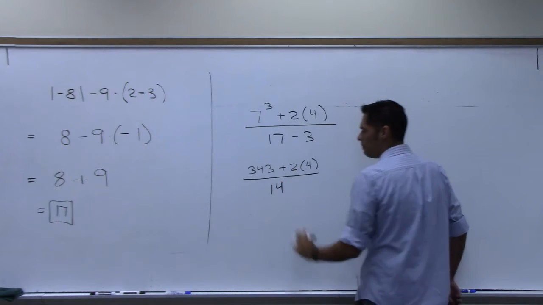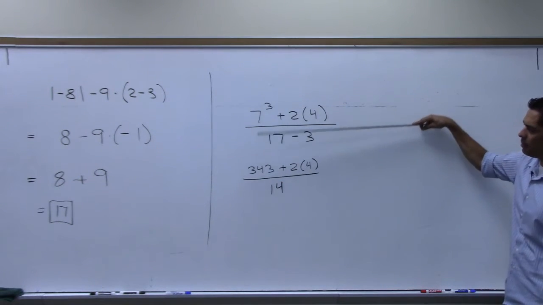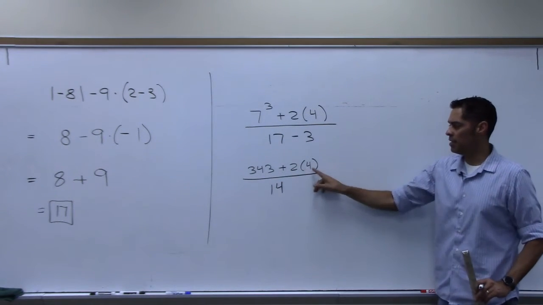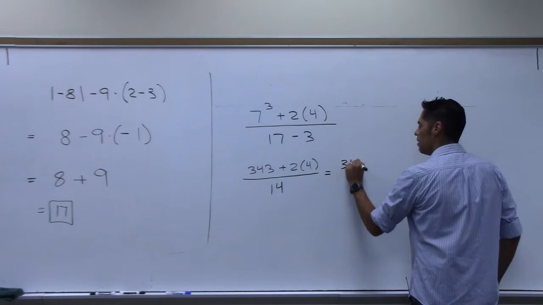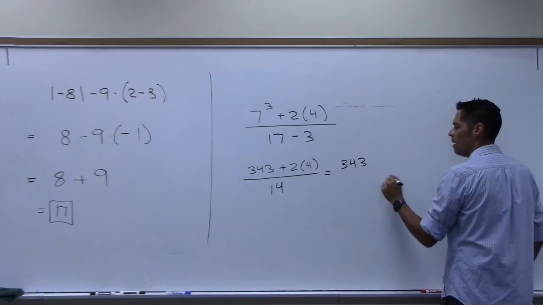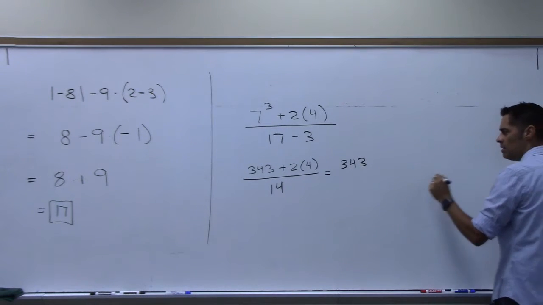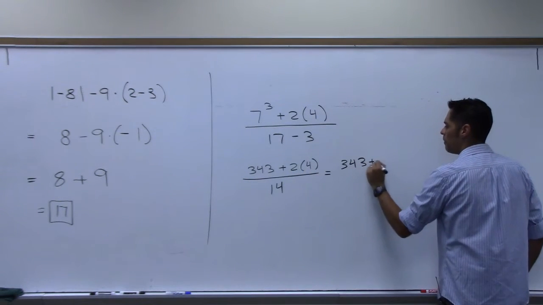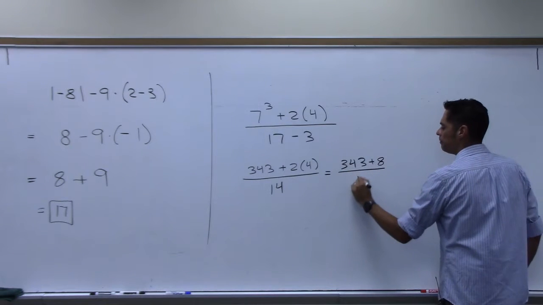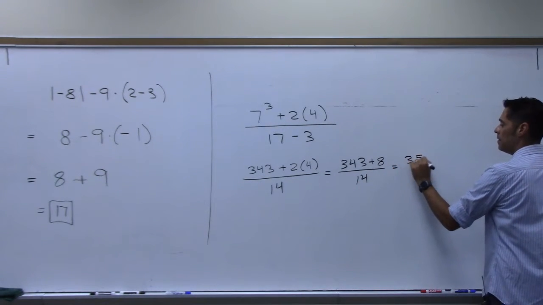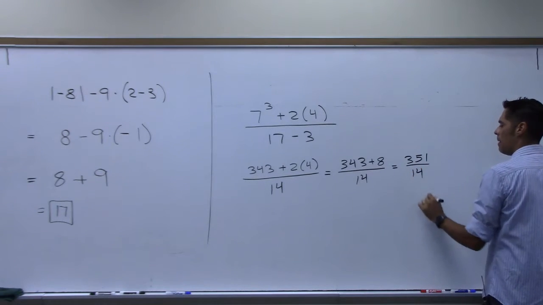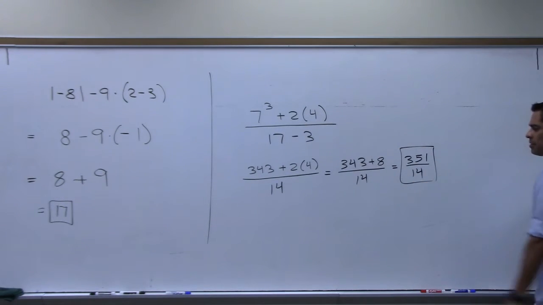What is this, 14? So I'm doing the top and bottom separately. I could have multiplied this together also at that same time, but I'm kind of going in baby steps here. 343, what? Plus 8, because you're multiplying 2 times 4 over 14. And this gives you 351 over 14. And maybe that reduces. I don't think so. It does not.